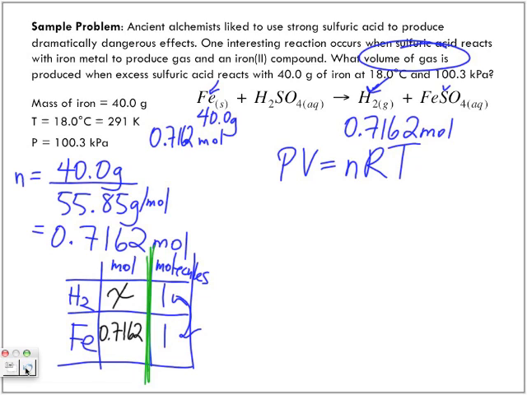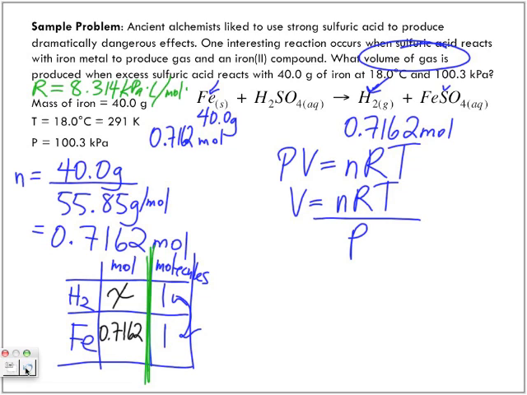So what volume of hydrogen is actually produced? So we're going to isolate for V. Another bit of information that we should put in our givens is our R value. And our R value is 8.314 kilopascals liters per mole Kelvin.